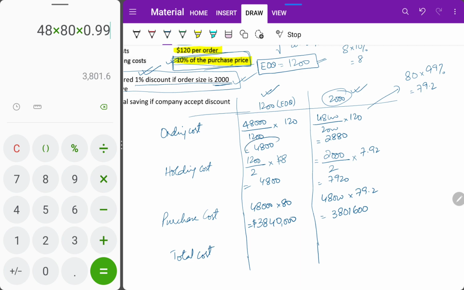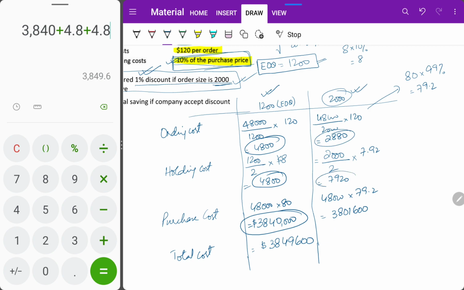So what will be the total cost in this case? Total cost is the sum of ordering cost, holding cost and purchase cost. So 3,840,000 plus 4.8 plus 4.8 is 3,849,600, right?